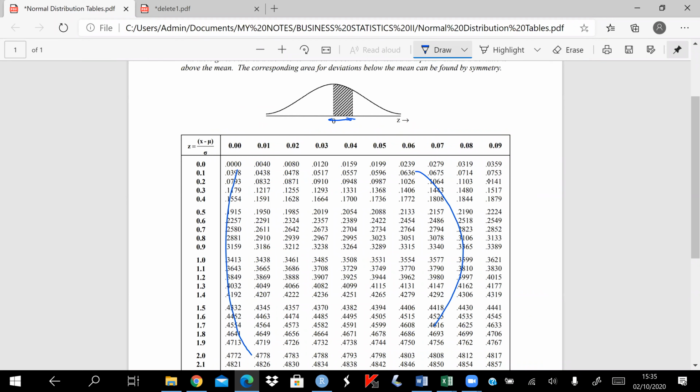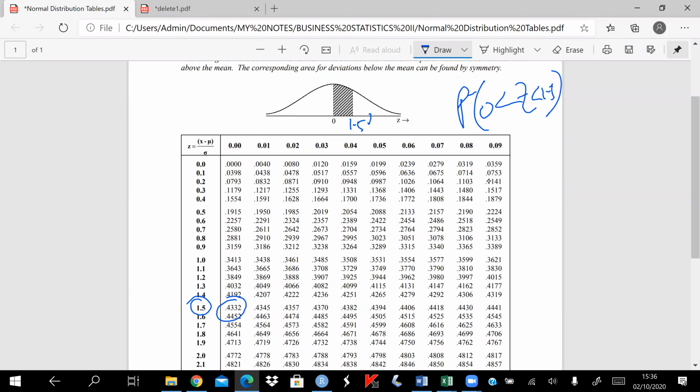For instance, if I pick a Z value of 1.50, then the area given here, 0.4332, is the probability that Z is greater than 0 and less than 1.5.